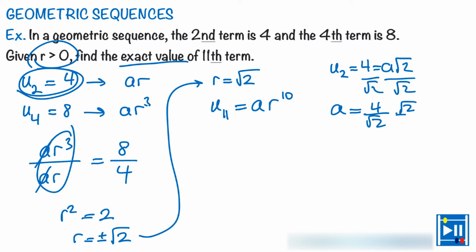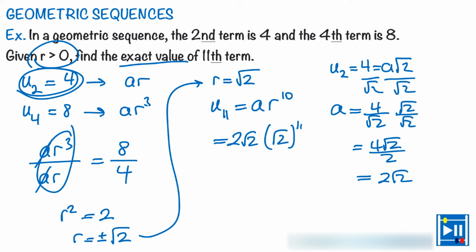And if I rationalize the denominator, I'll end up with 4 root 2 over 2, which is basically 2 root 2. So this is what I'm going to write here. u11 will be 2 root 2 times r, which is root 2 to the power of 10. If I calculate this, I'll get 64 root 2 as the 11th term.